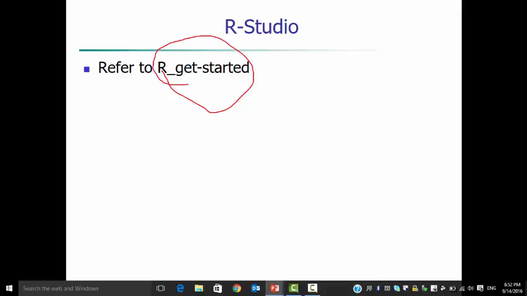Therefore, it is really hot in data analytics and data science positions. So I'm so excited that I can teach you about R. Okay, it is a really exciting topic next week. Don't miss it.